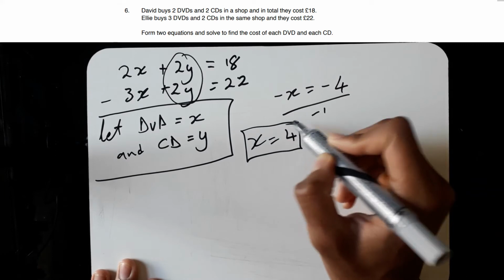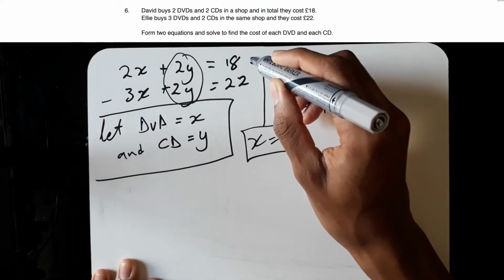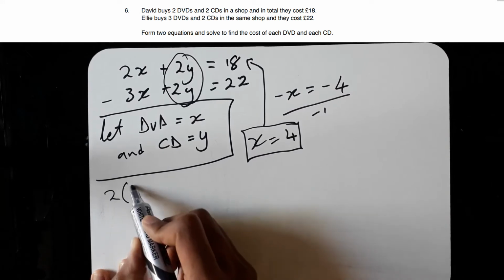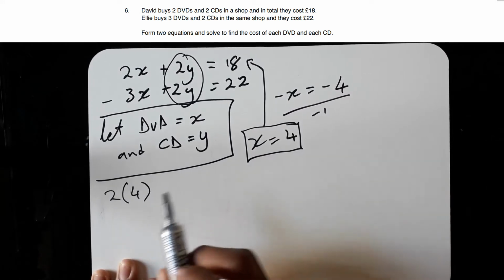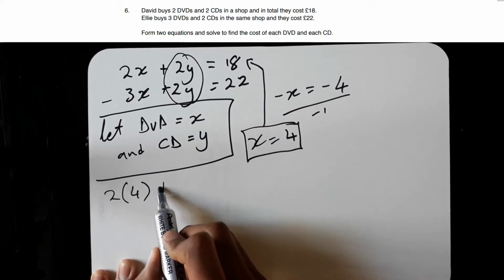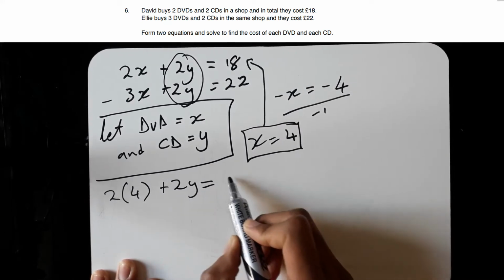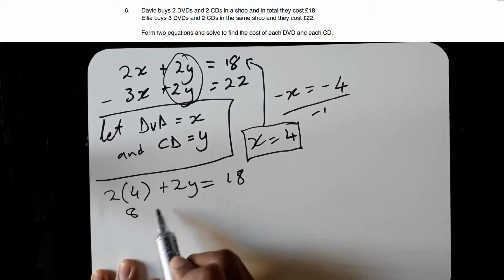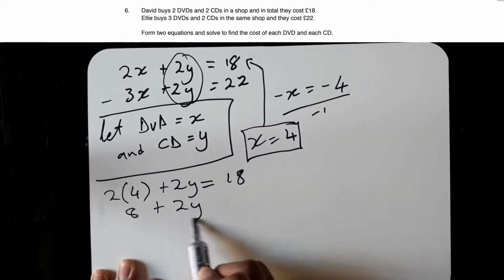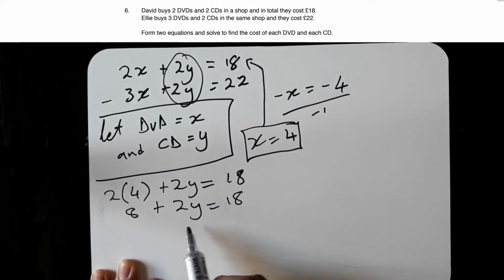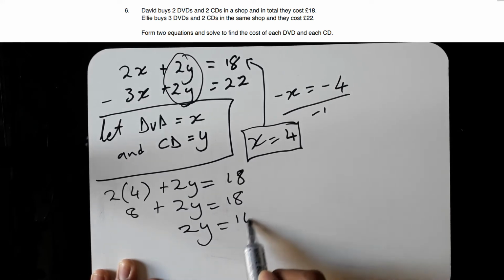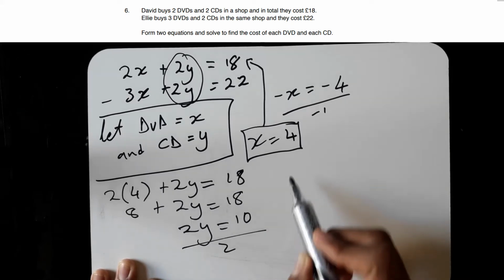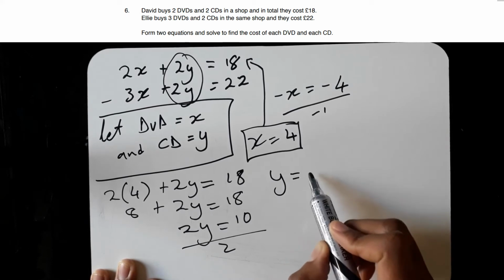So this is our x, and then we plug it back here. So it's going to be 2 open brackets 4, plus 2y is equal to 18, and that's 8 plus 2y is equal to 18. 2y is equal to 10, divided by 2, y is equal to 5.